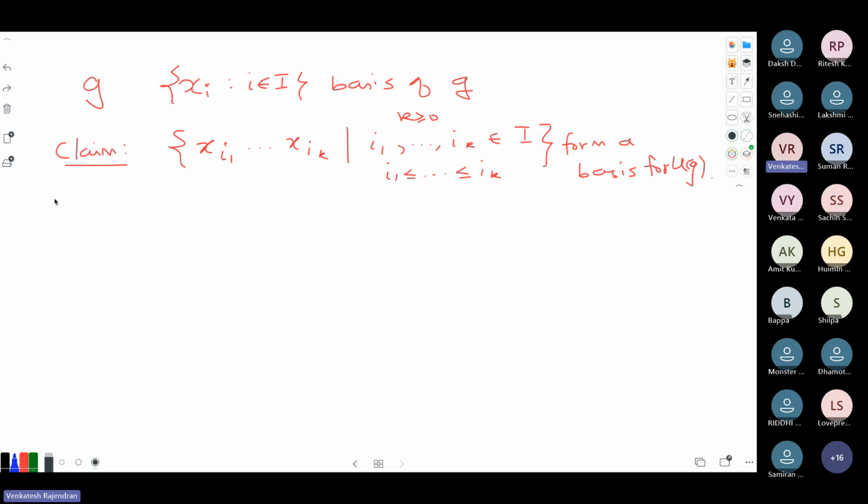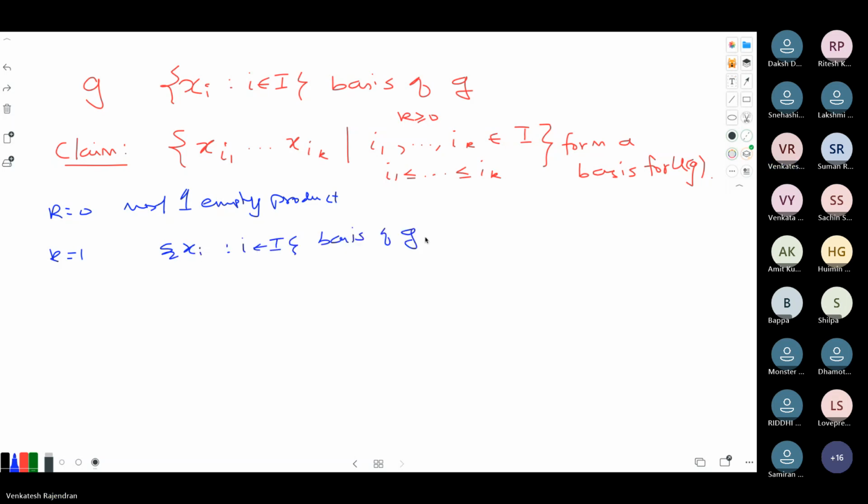So these things should be noted. When k equals 0, it's an empty product, and it corresponds to 1. When k equals 1, you get x_i, so this is the basis of g. Likewise, you will be having things for higher k.